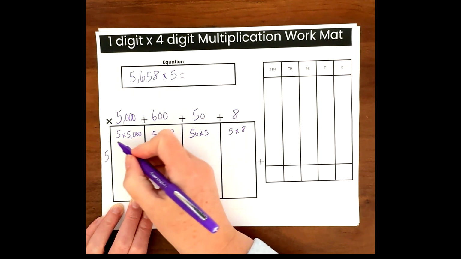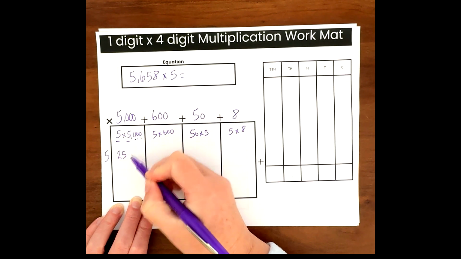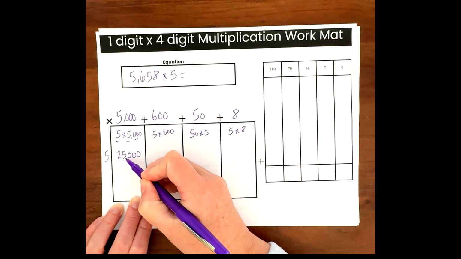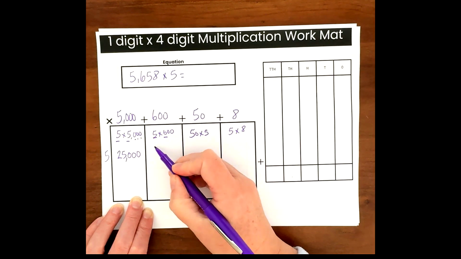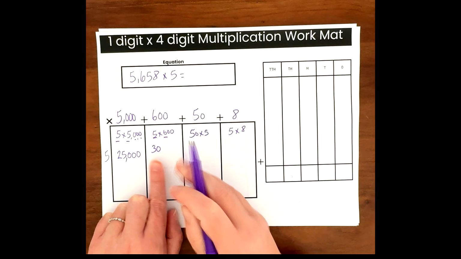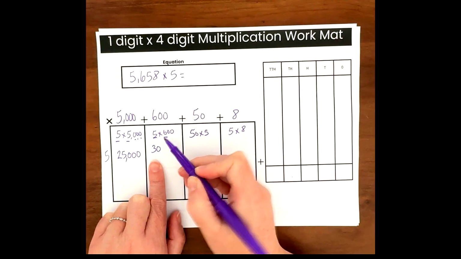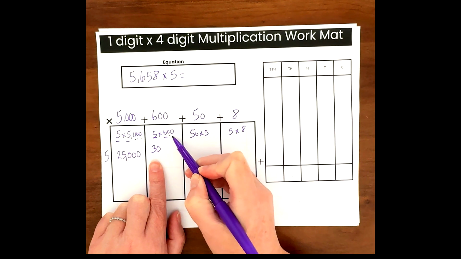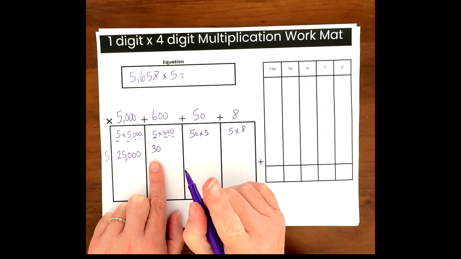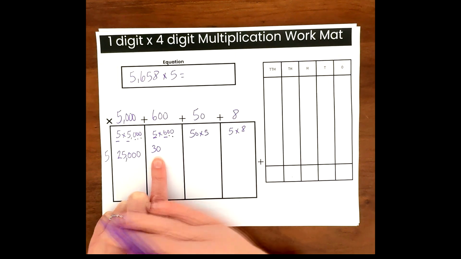Same procedure. 5 times 5 is 25, 1, 2, 3, 3 zeros. 5 times 6 is 30. And this is the instance that I was talking to you about, and this is why we do what we do. 5 times 6 is 30. Done. Now I count my zeros. 1, 2, 2 zeros. Because most of the time, what they will do is they already see that 0 and they'll just put another 0.